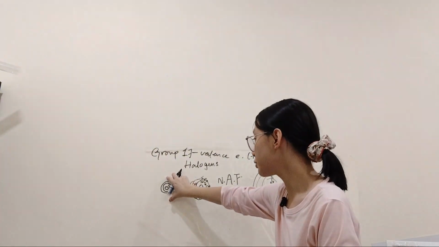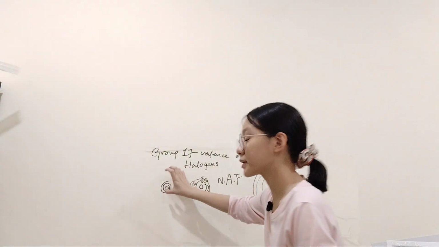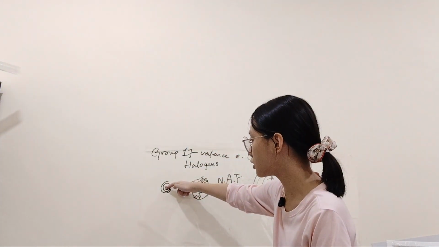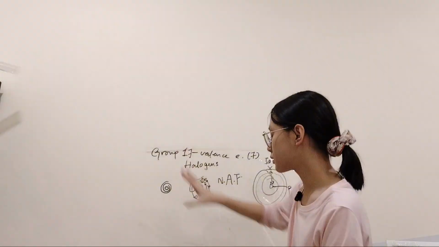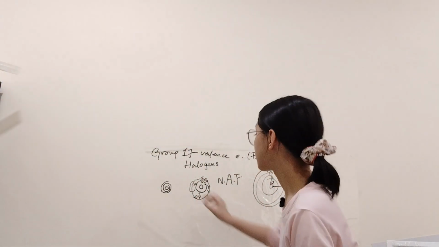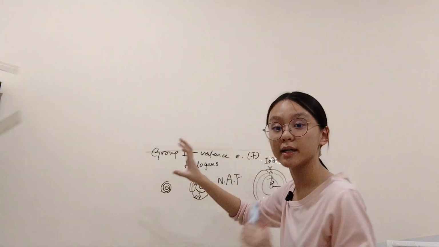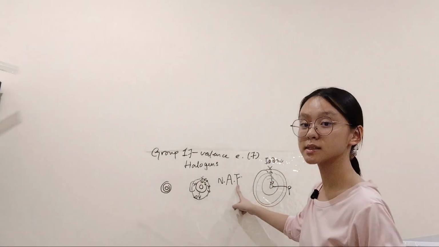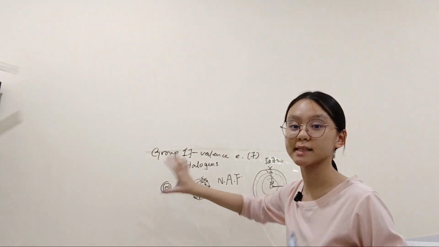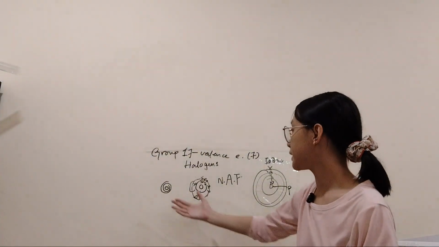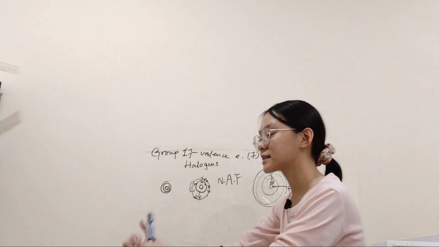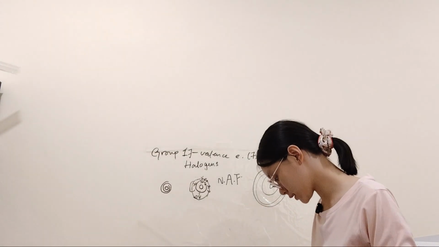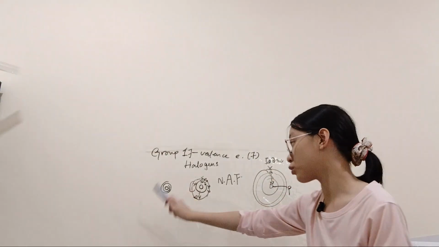Alright, so the smaller the atomic size, the smaller the distance between the nucleus and the valence shell, and thus the nuclear attraction force towards valence electrons is stronger, making it easier for you to accept an extra electron from other elements. So it's very reactive and corrosive.